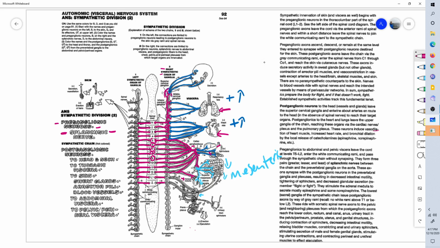And the last two neurons, escaping, go straight through the sympathetic chain and to this other ganglia, the inferior mesenteric ganglia, from L1 and L2. And they synapse with postganglionic fibers that head to the colon, the lower part of the colon.